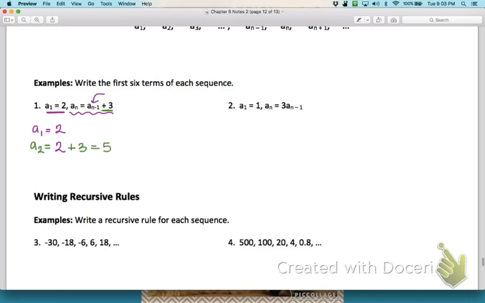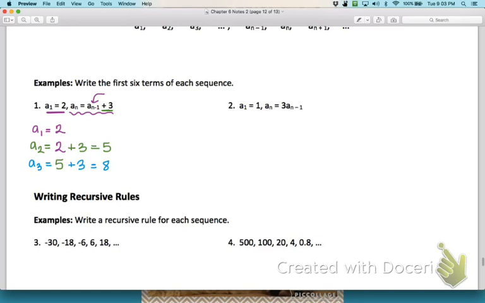So to get A3 is going to be equal to the previous term, which was 5, plus 3. So A3 is 8. So this is why they're called recursive, because it's sort of like this machine that keeps using the answer as the new input. So here's what happened.